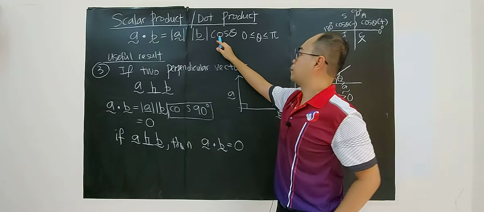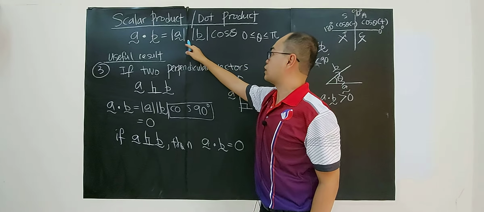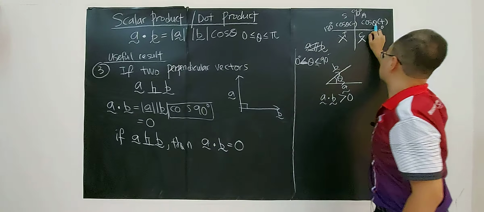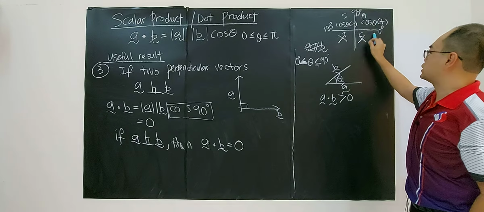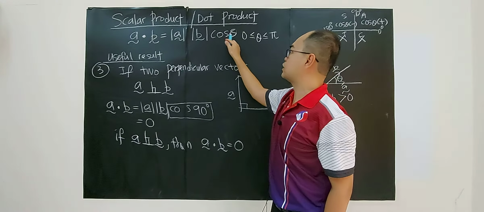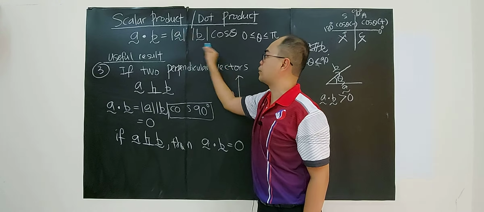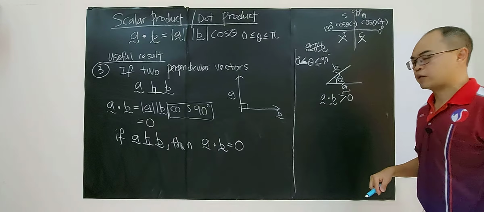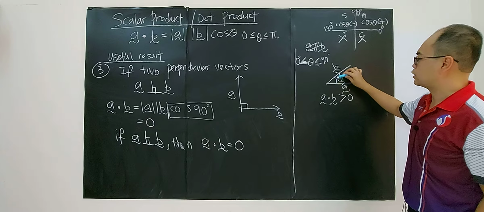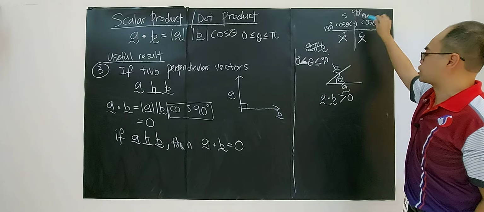This means cos theta is positive because between 0 and 90 degrees cos theta is positive. The magnitude is definitely positive, so this whole thing becomes positive. So when A dot B is positive, we know that the two vectors are very near to each other. It's an acute angle.